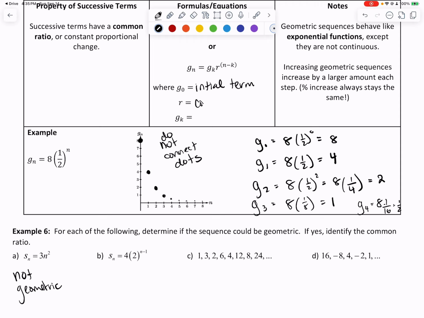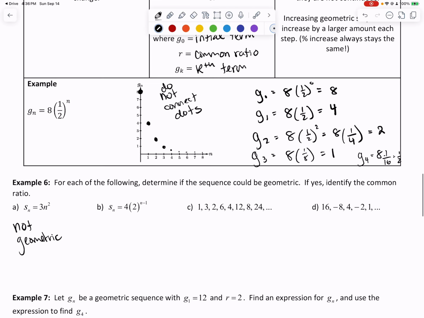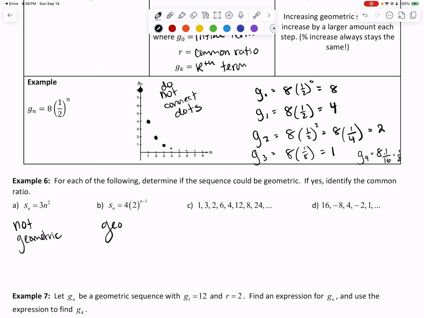R is our common ratio, what we're multiplying by each time. And G sub k is the kth term. Typically that's a term we know that we're using to find another term. Okay, so this is geometric, and our common ratio R is that base being raised to some varying power.